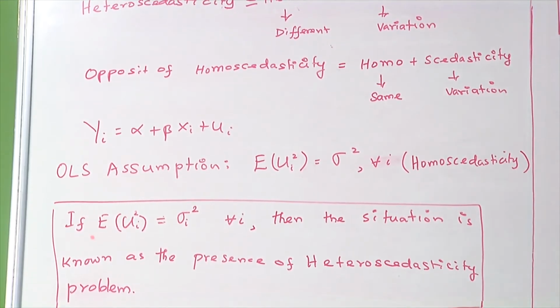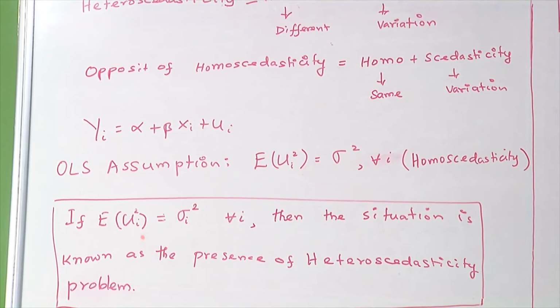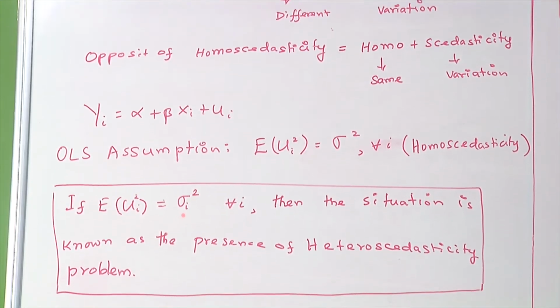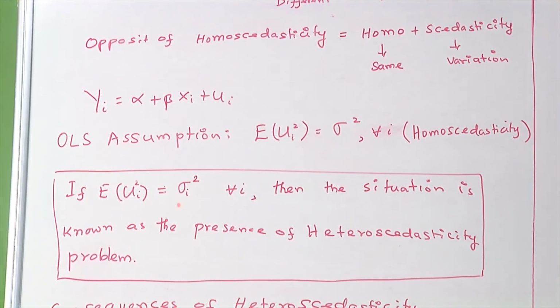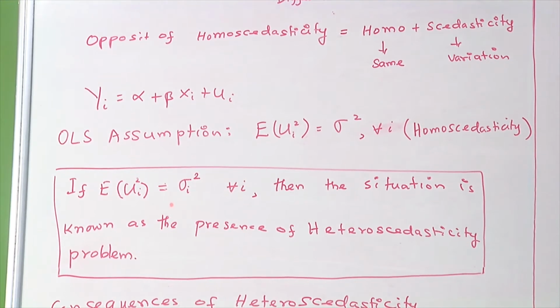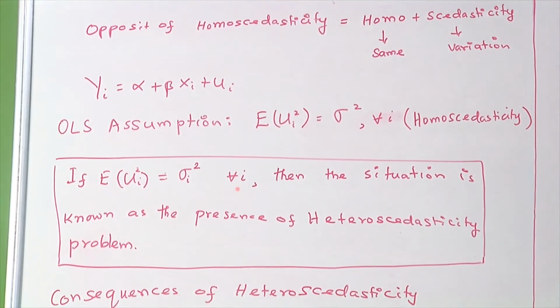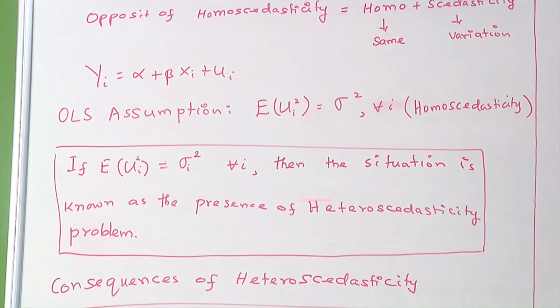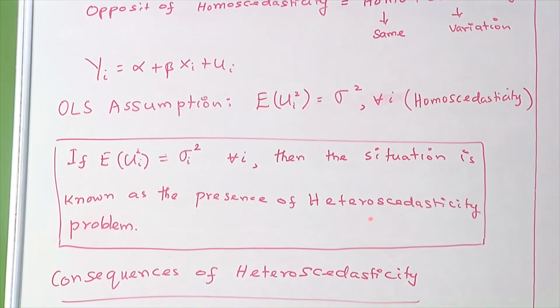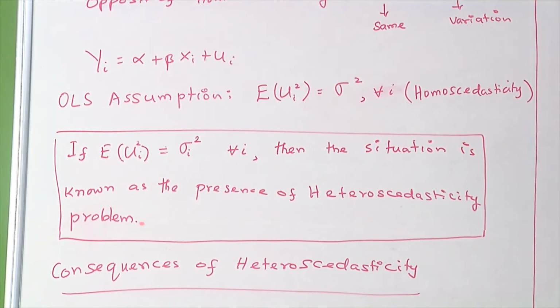If the expectation of ui square is equal to sigma i square, a variable for every i, then the situation is known as the presence of the heteroscedasticity problem. This has a consequence for the interpretation of the OLS model or regression model.